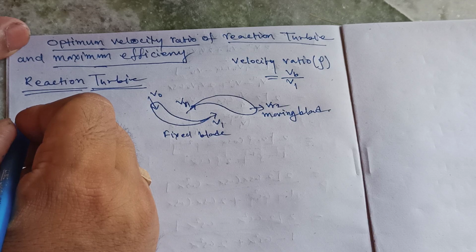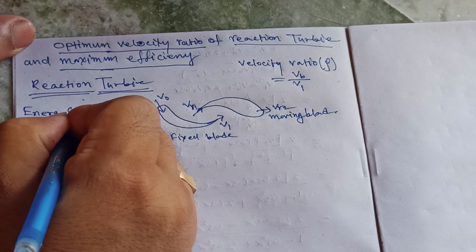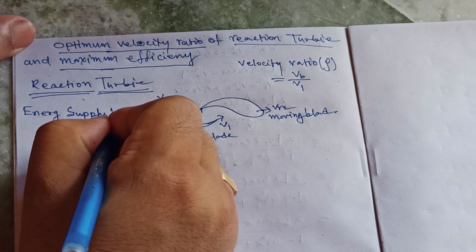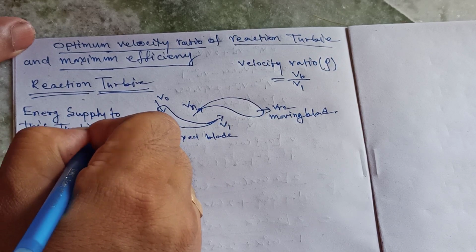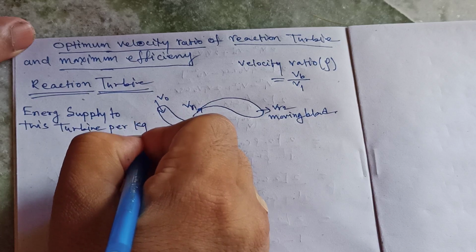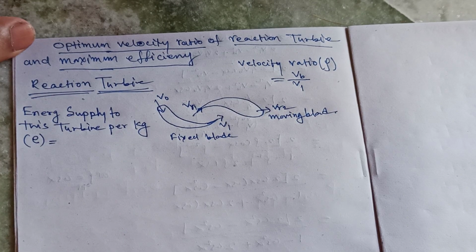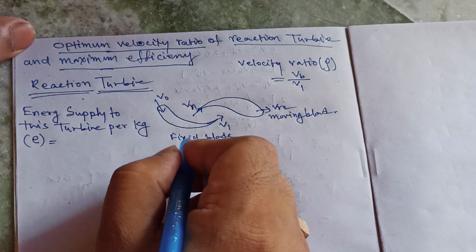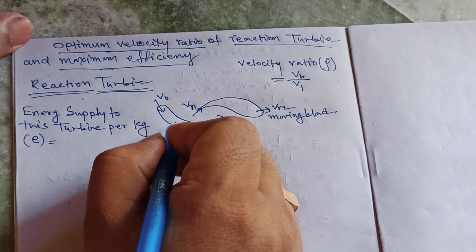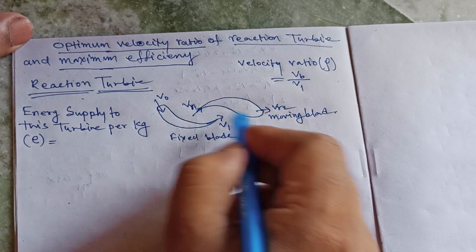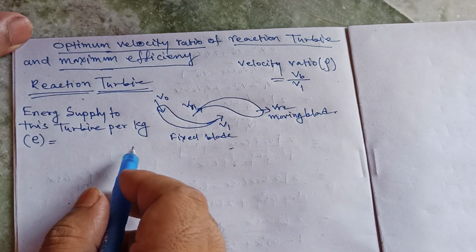So energy supply to this turbine per kg is denoted by small e equals to kinetic energy change at the fixed blade and kinetic energy change in the moving blade. So addition of the kinetic energy change in the fixed blade and kinetic energy change in this moving blade, if we add these two, then this is the energy supply.